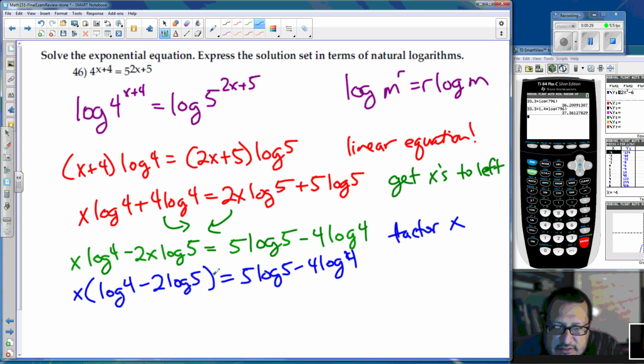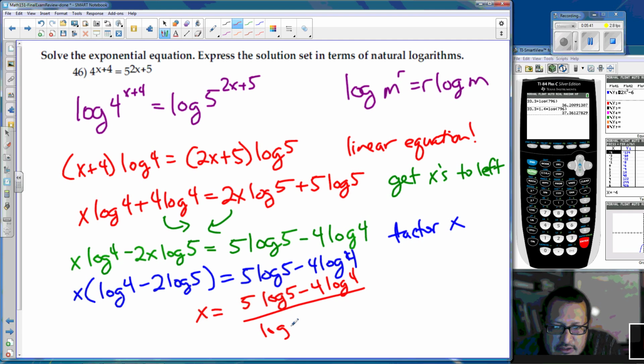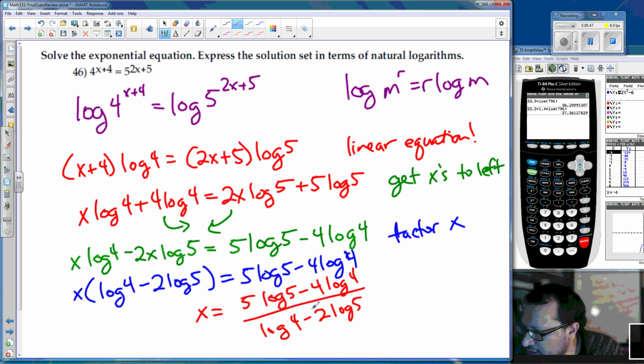So we try to keep everything in logs as long as we can. Our final answer is 5 log 5 minus 4 log 4 over log 4 minus 2 log 5. It wants the answer like that.